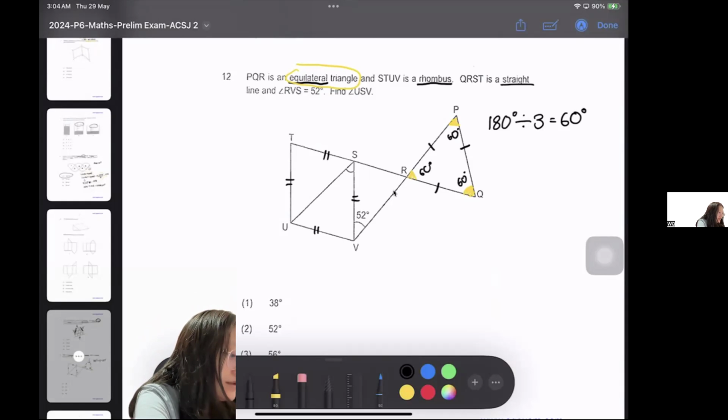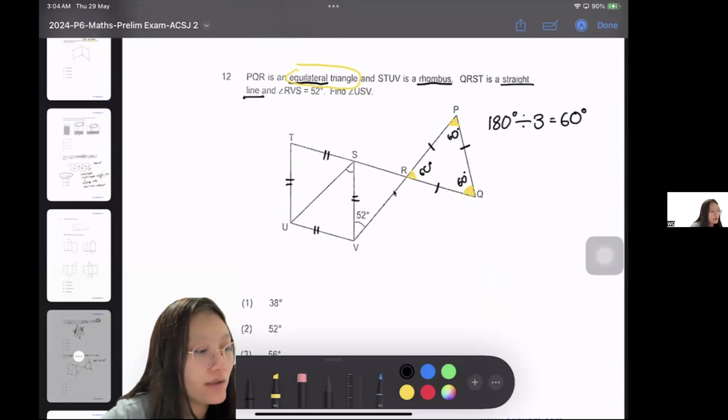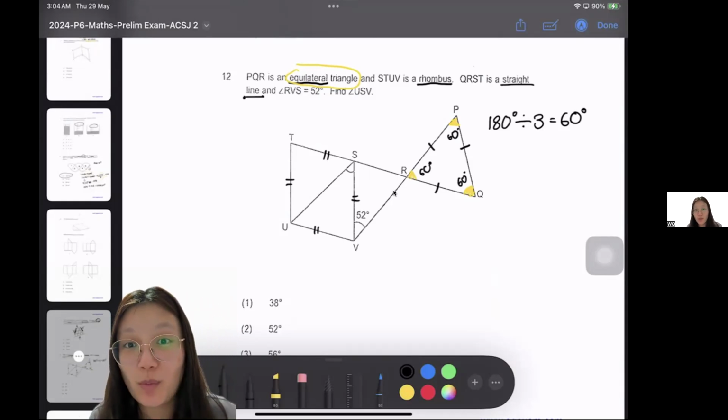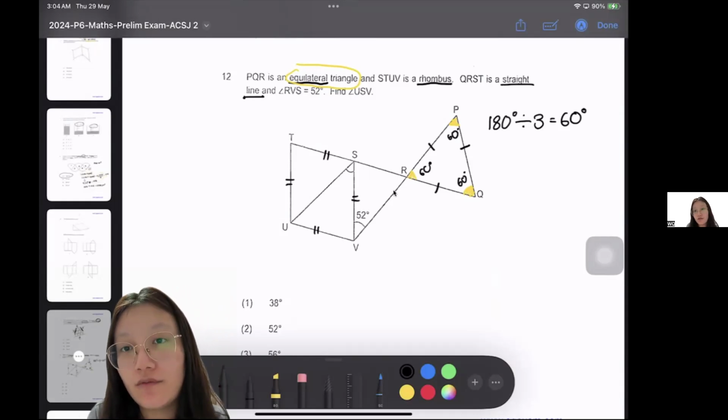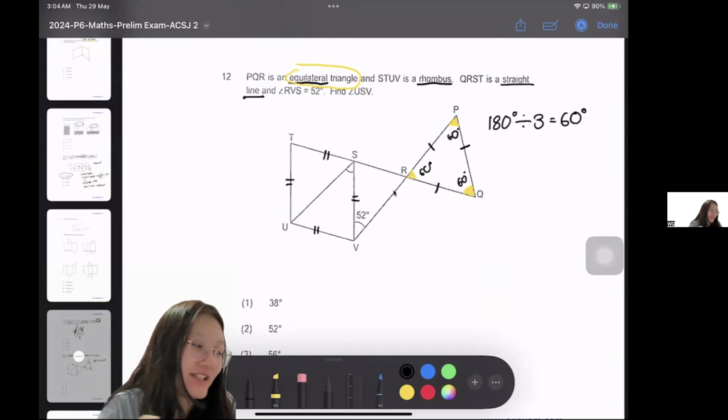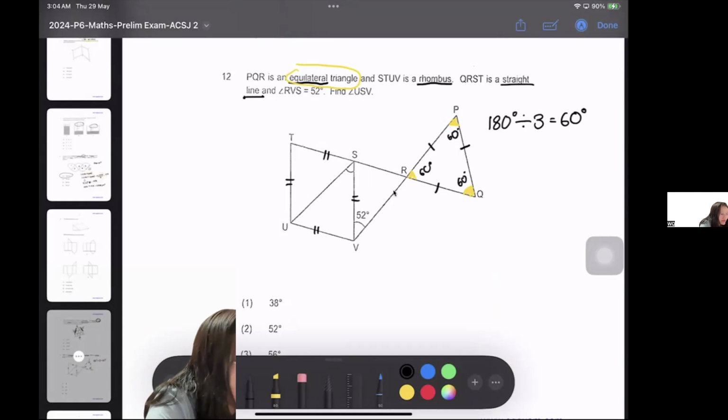Then now, let's look at the next part. QRST is a straight line. When they tell you that, it means they want you to use the property of a straight line to find the answer. What are the two properties of a straight line that you can use? One is that opposite angles are equal. The next one is that all angles on a straight line add up to 180 degrees. Let's try both methods.